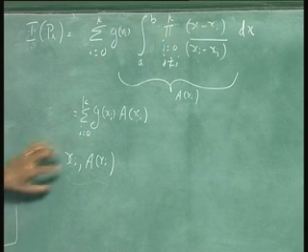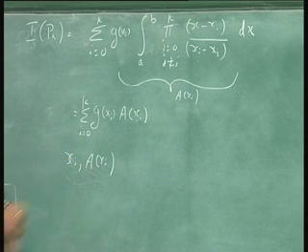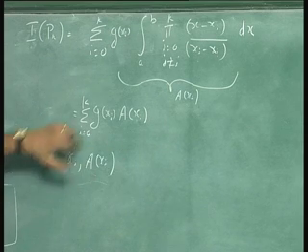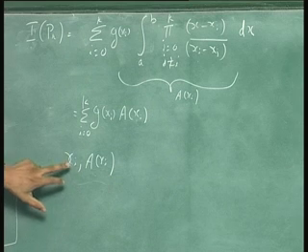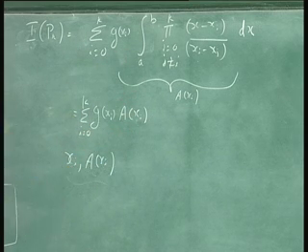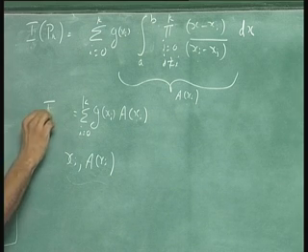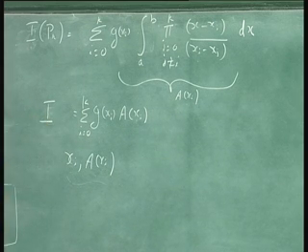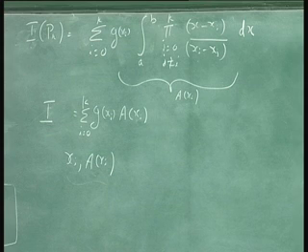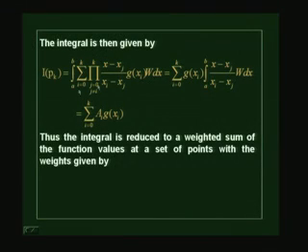So, given that, we get a set of xi's and a of xi's. We have yet to learn how to compute the xi's, but given the xi's we can compute a of xi, and from that we can determine the integral I. So, that way we already see some advantage of using these Gaussian methods. The integral then reduces to a weighted sum of the function values, and the points xi have to be given to you, or given the xi's we now know how to determine the ai's from this integral.